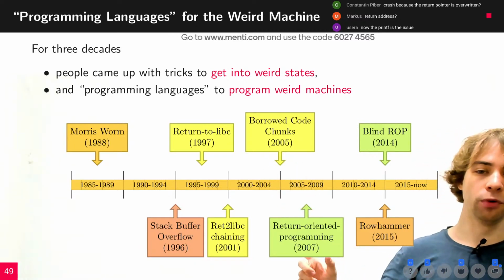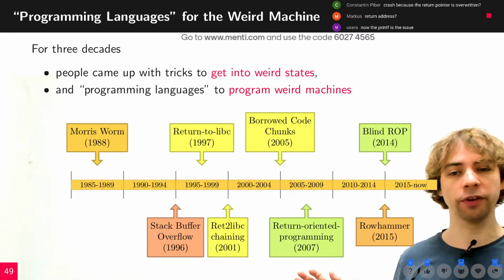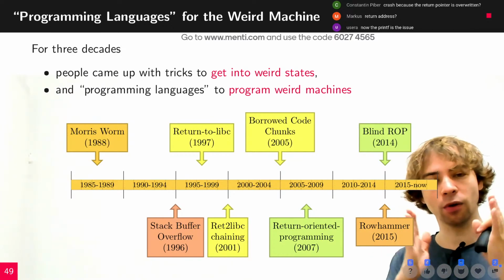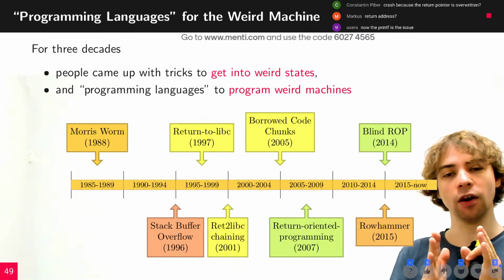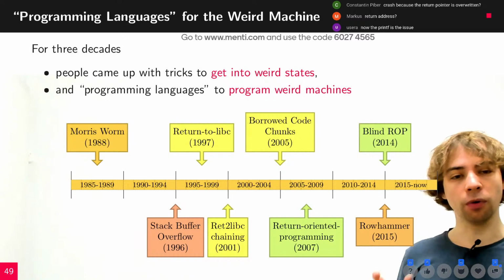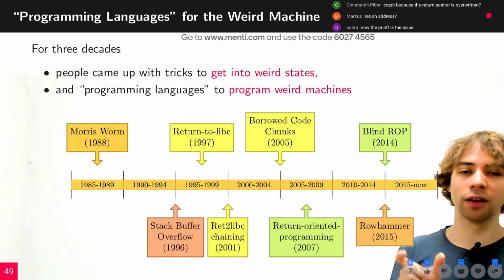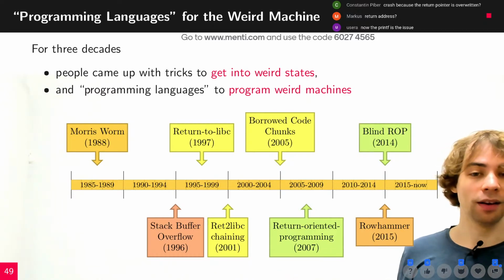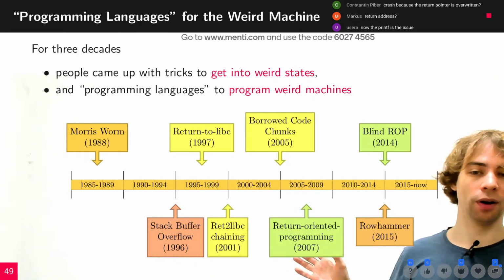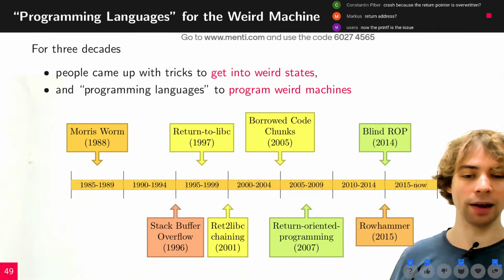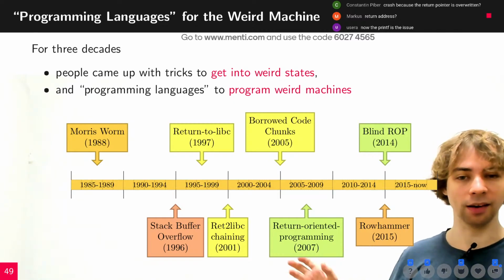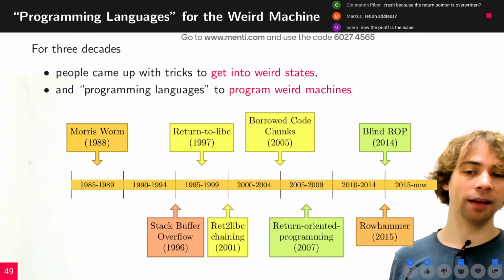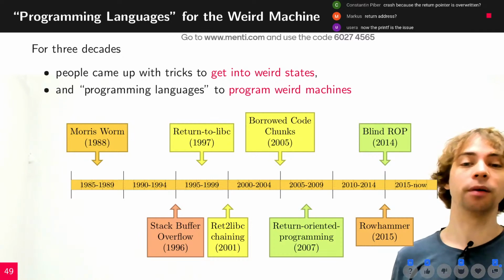And this developed into the borrowed code chunks attack in 2005, where you jump into the middle of a function. And in 2007, a newer concept was presented that was called return-oriented programming, where you specifically search for small code fragments right in front of a return so that you can just chain together a few assembly instructions and return. And with that, you can build a compiler for your programs that will compile your program into a ROP chain, return-oriented programming chain, and then execute this in some other program.